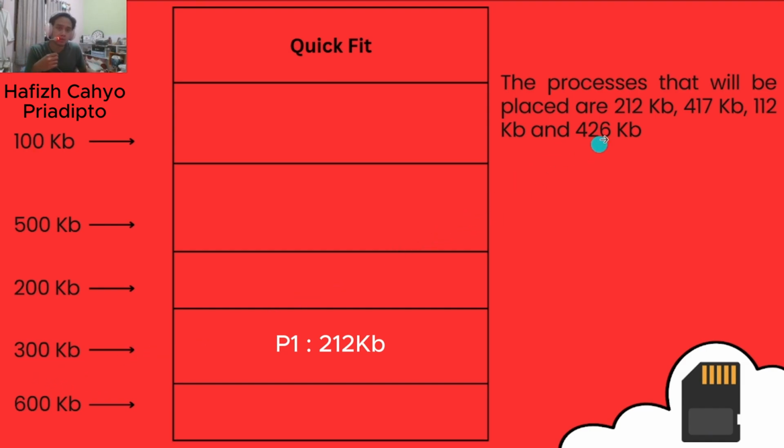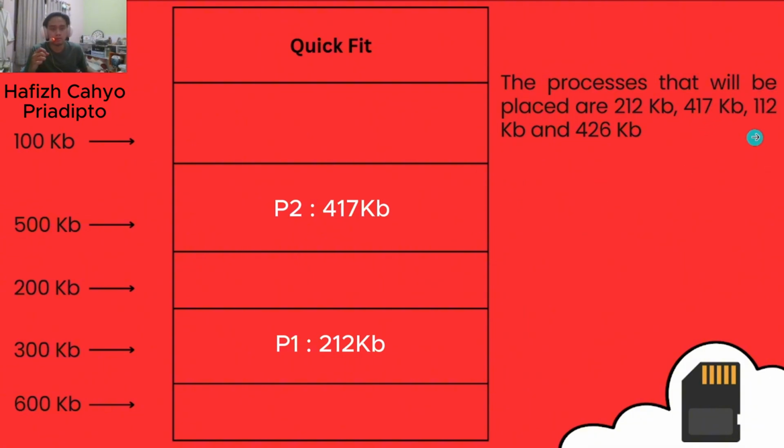So the first process will come to the fourth, and the second process will enter the second column, because there is a little difference, a little gap between 500 and 417 like before.